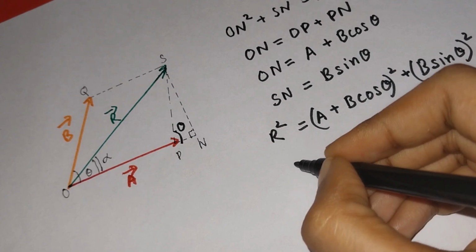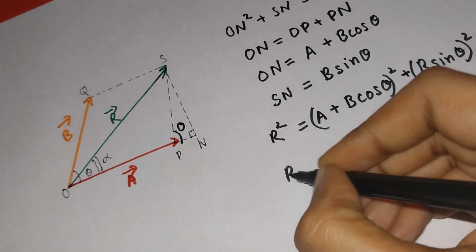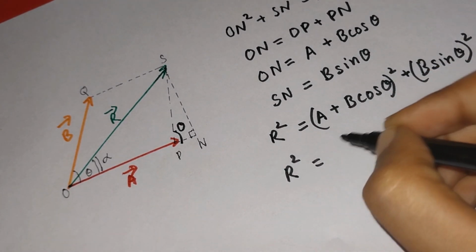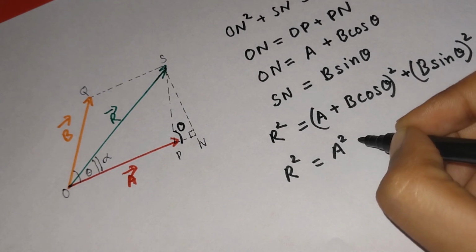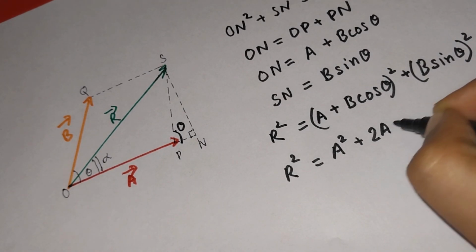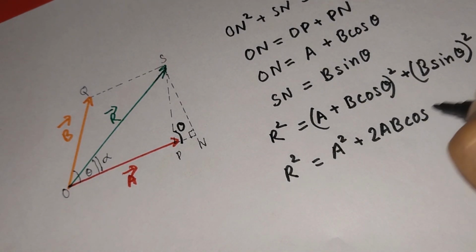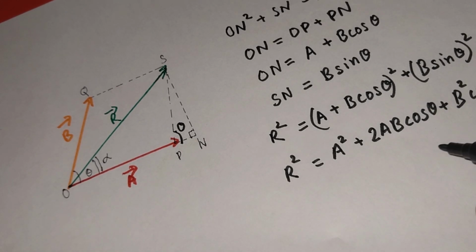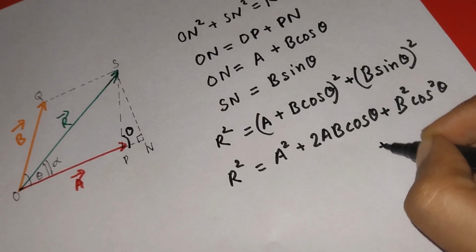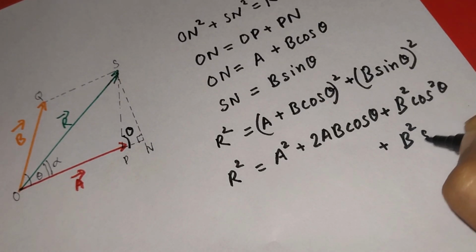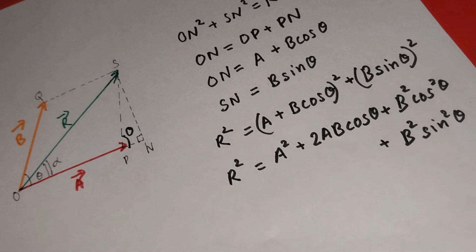Now R square, on expanding this, we will get R square equals A square plus 2AB cos theta plus B square cos square theta plus B square sin square theta.